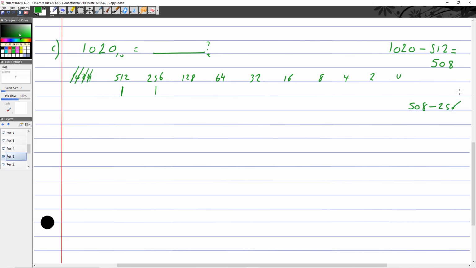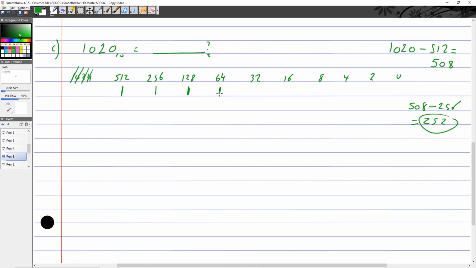You could do it in your head or you could use a calculator and that'll give you an answer of 252, which is our new remainder. 252, 128 goes into that. So then you just keep subtracting the number that you've just accounted for. The next remainder is 124.